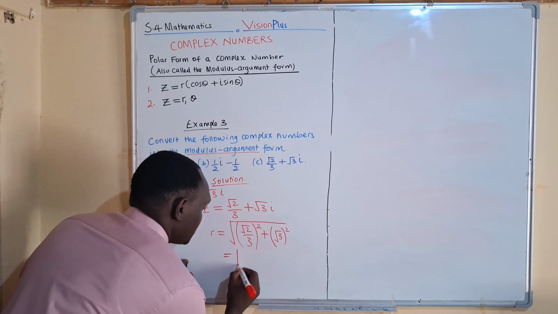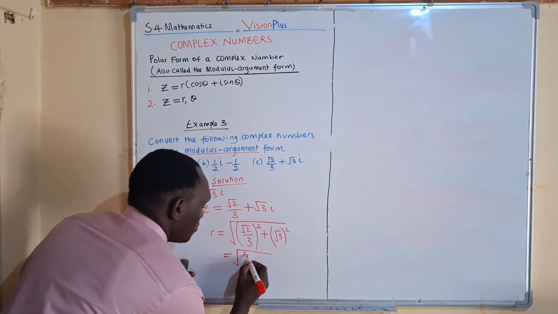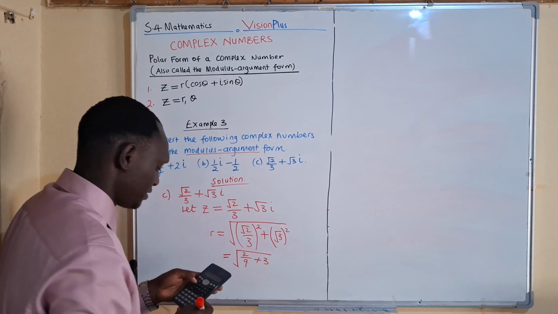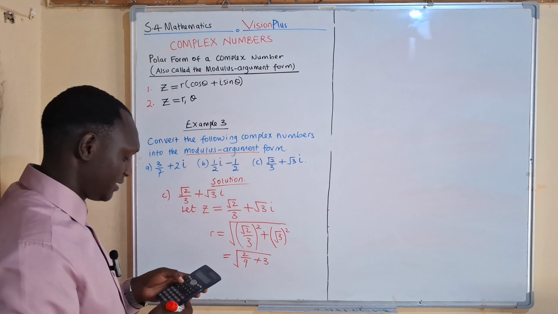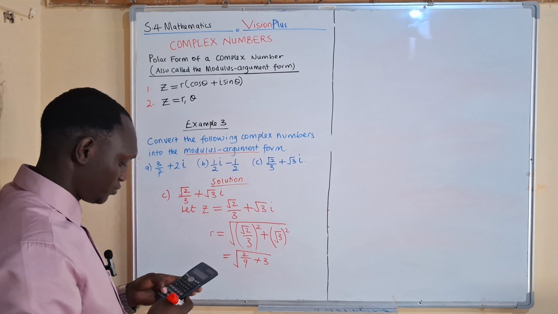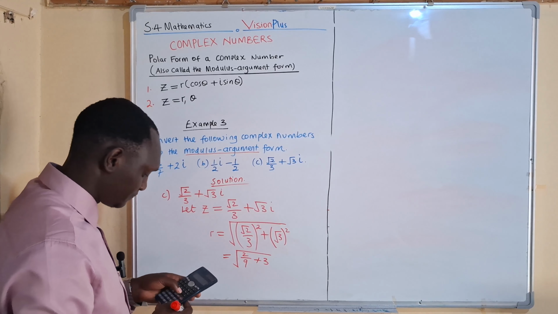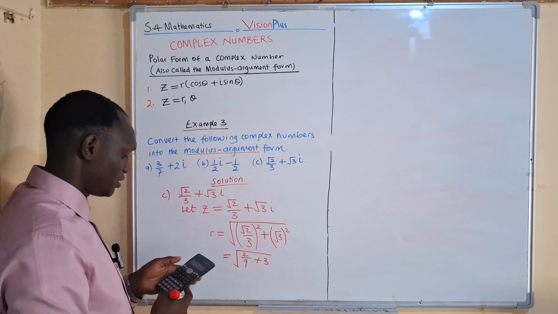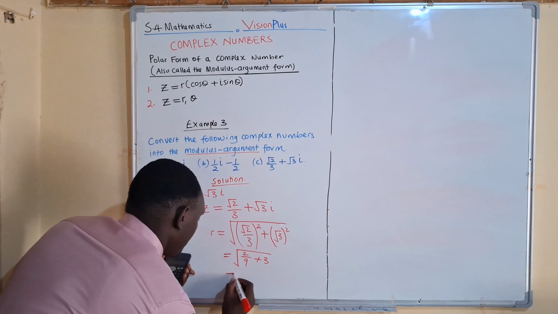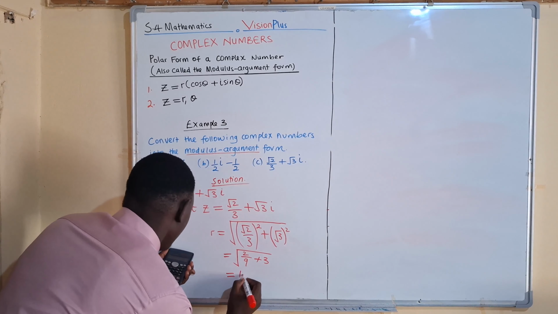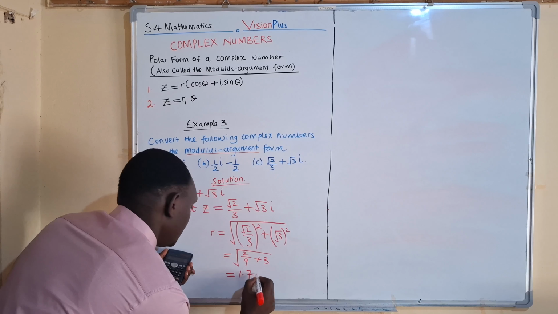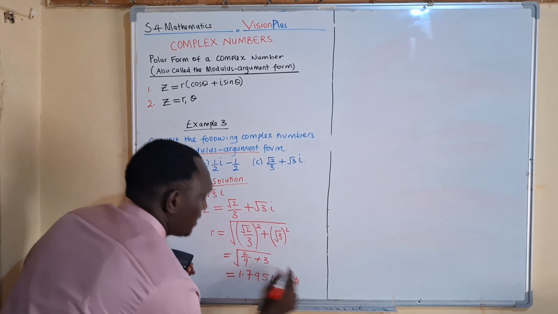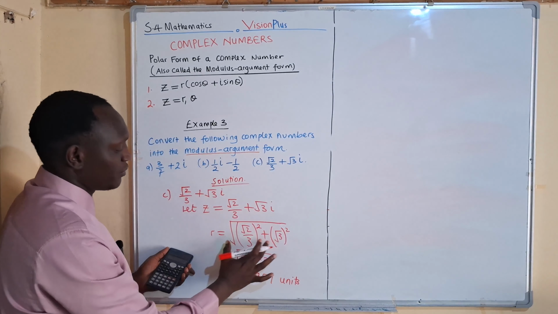So this gives us the square root of 2 out of 9 plus 3, because the square root of 3 squared is 3. Plus 2 divided by 9 is 3.22. And then you find the square root. I'm getting 1.7951 before the units.